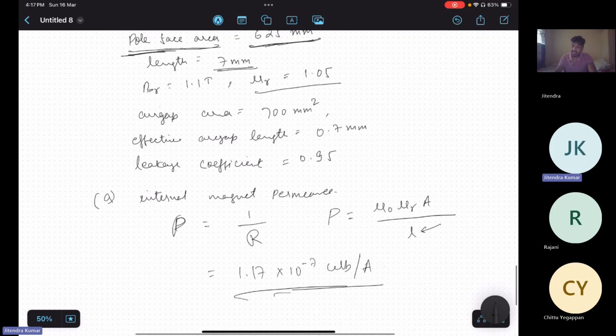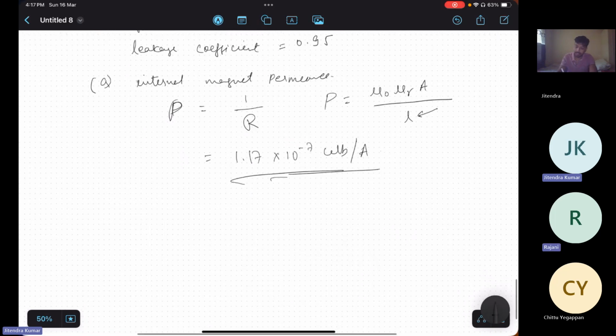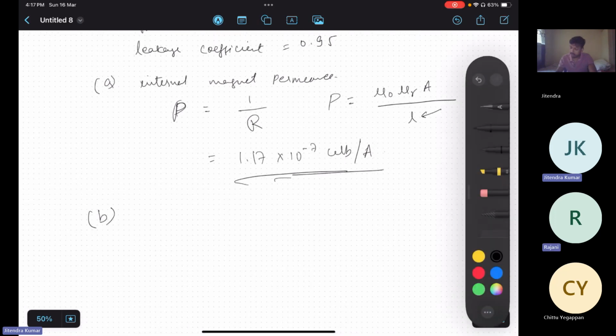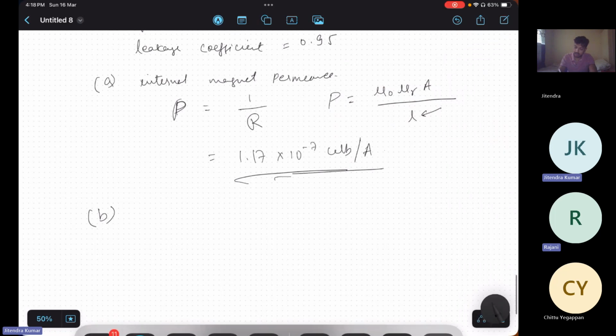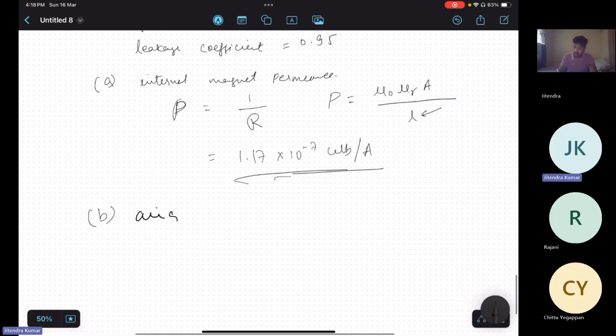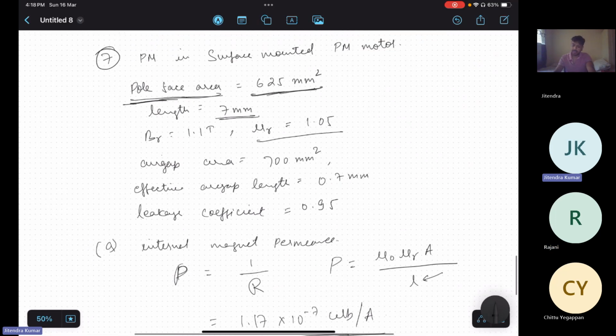Now let me know the value of air gap reluctance then. Part B is air gap reluctance. How will you calculate air gap reluctance with this much data?